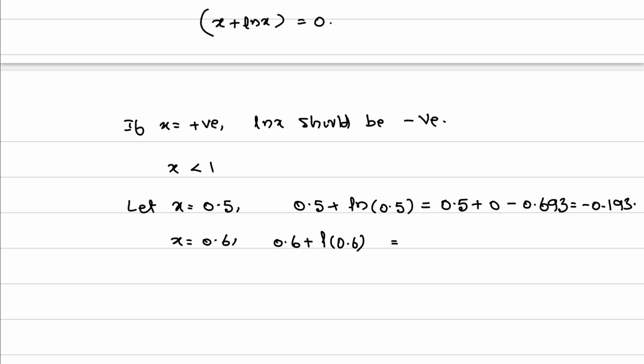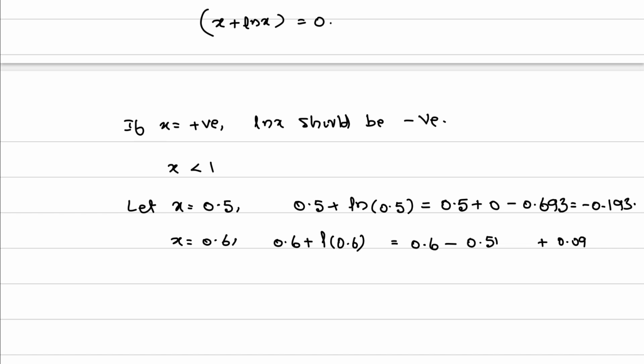It is 0.6 minus 0.5108. This is plus 0.09. Let us take out the last two digits.